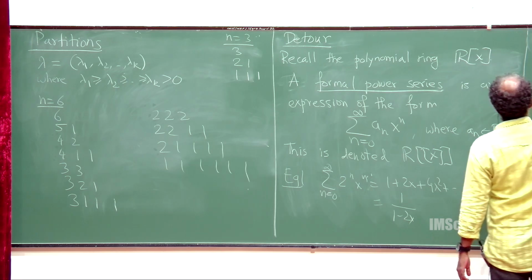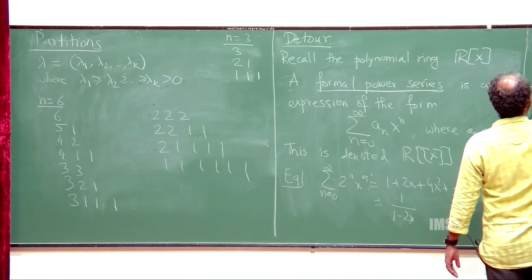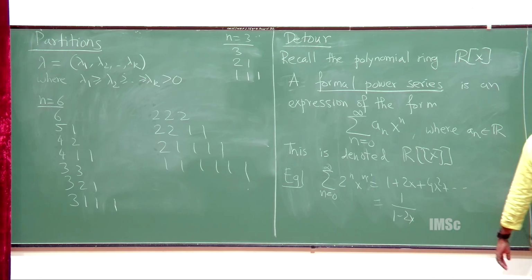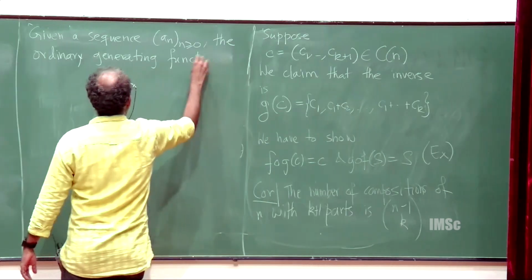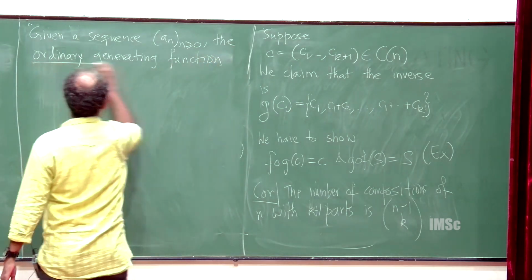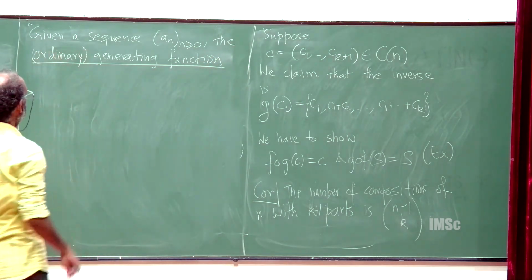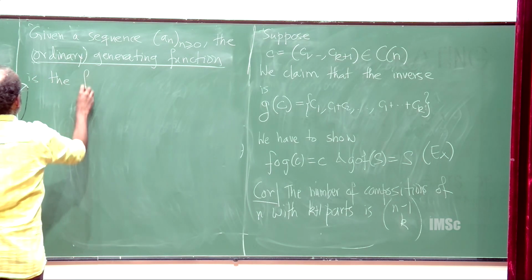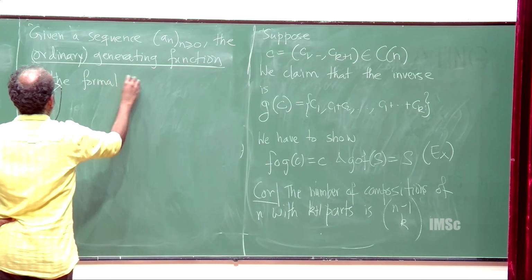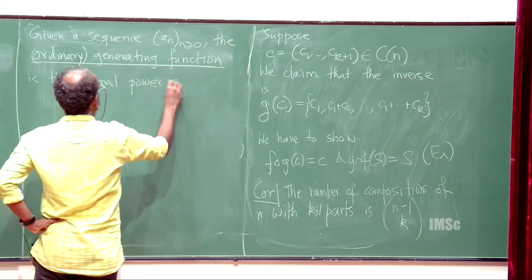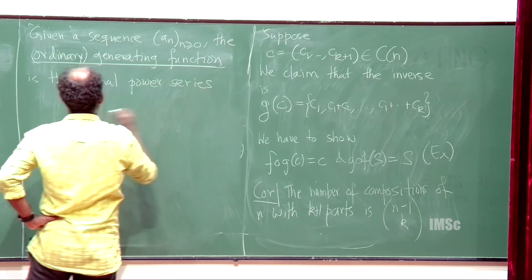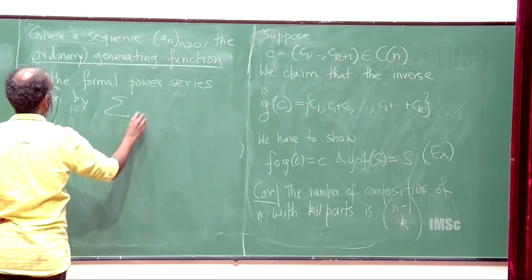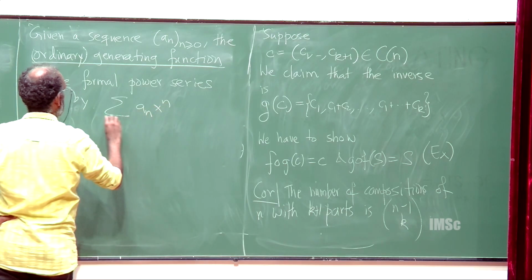The ordinary generating function, I will not always say ordinary, it will be understood, is the formal power series given by sigma a_n x^n.